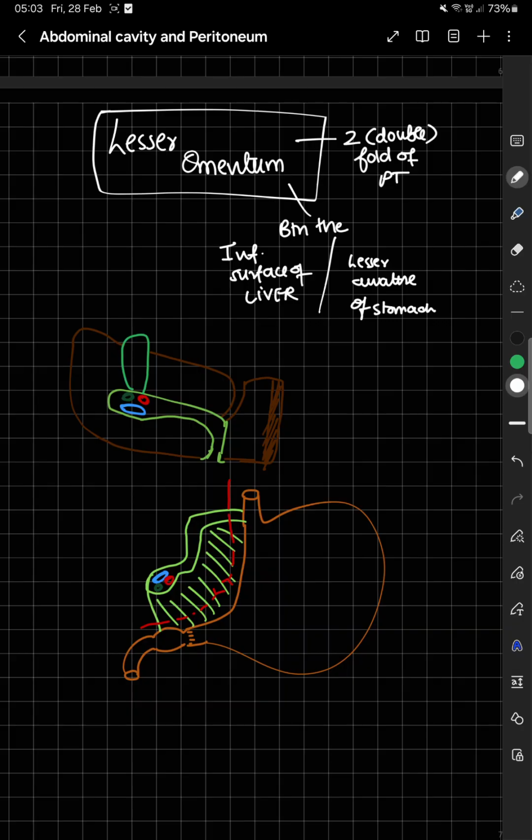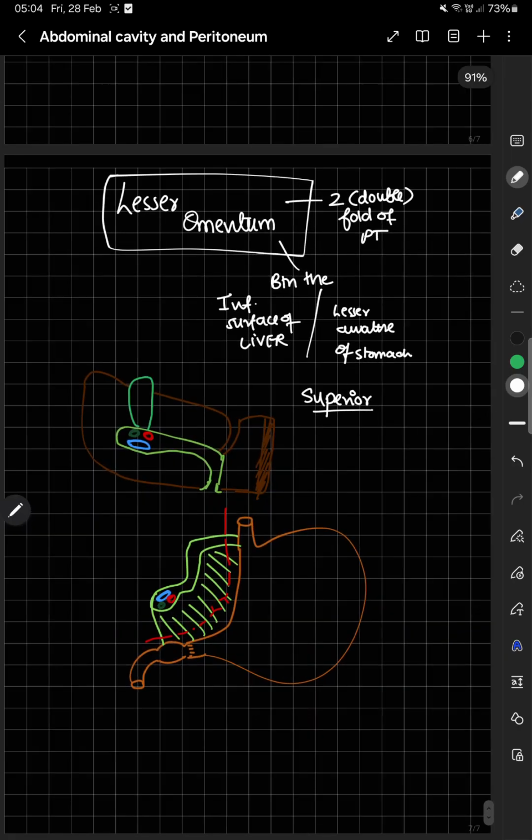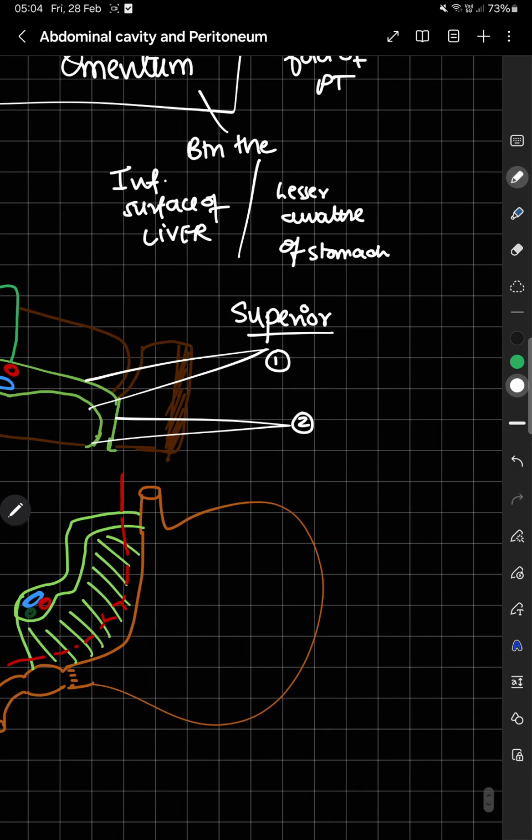So if we talk about the attachments superiorly, it's very simple. Number 1 and number 2. The first attachment is an inverted L shape, which is basically the margins of fissures for two ligaments.